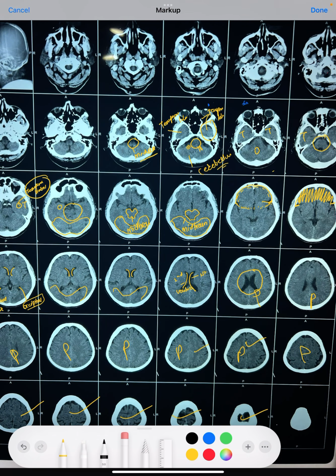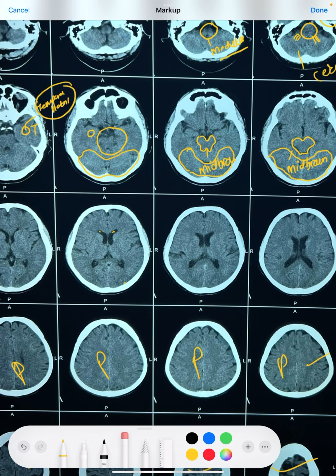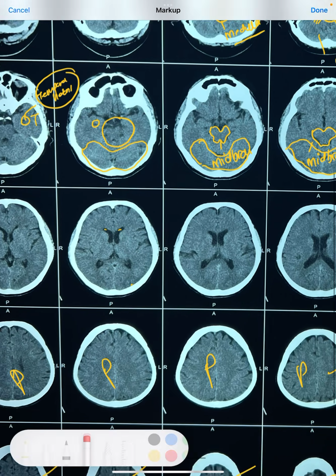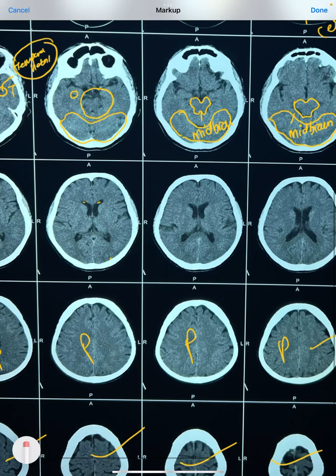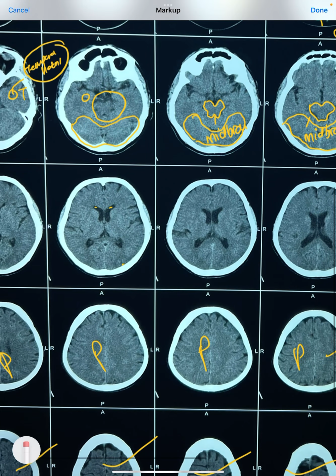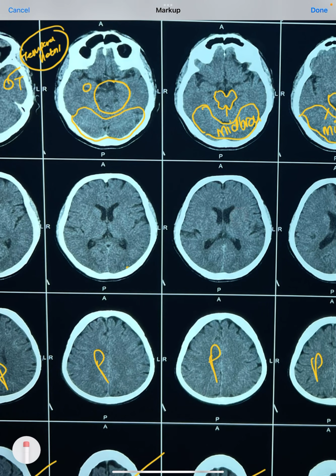Apart from that, you also need to understand some important subcortical structures. Among them, one of the most important structures are the caudate lobe, thalamus, putamen, globus pallidus, and internal capsule. For that, you need to see these ventricles.